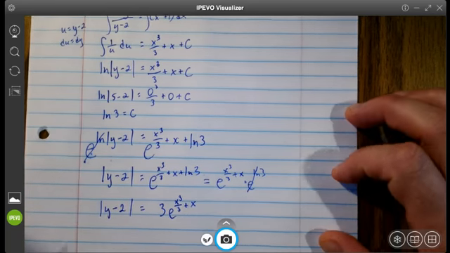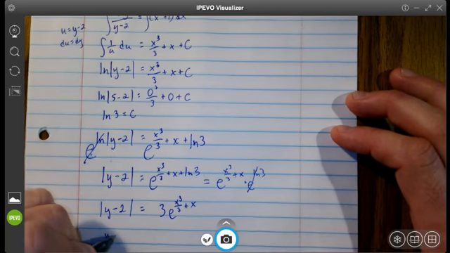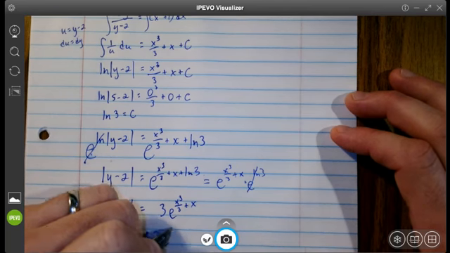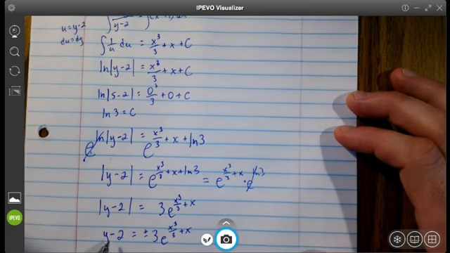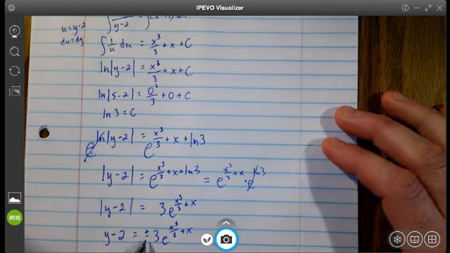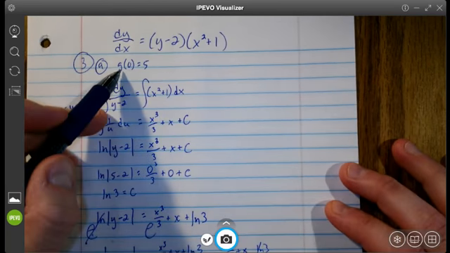So now how do I get rid of the absolute value? I use a plus or minus on the opposite side. So y minus 2 equals plus or minus 3 e to the x cubed over 3 plus x. Now I've got to figure out which one I want, the plus or the minus. Remember, we were told that g of 0 is 5.